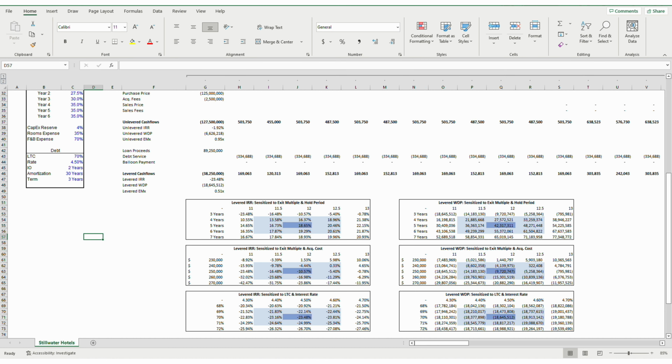And here you have it. This is how I would build out the Stillwater case. We have levered and unlevered cash flows, as well as sensitivity analysis for exit multiple, hold period, acquisition price, loan to cost, and interest rate.